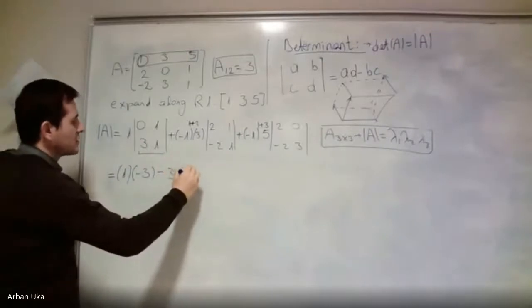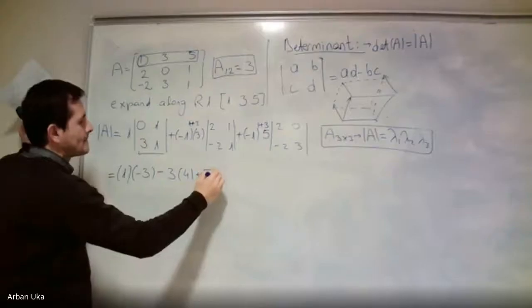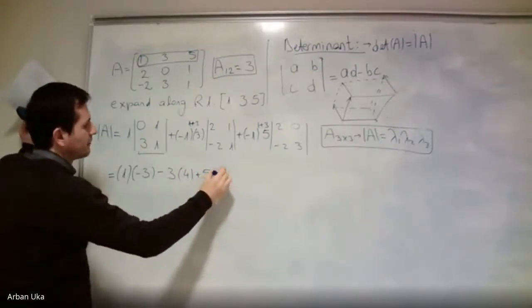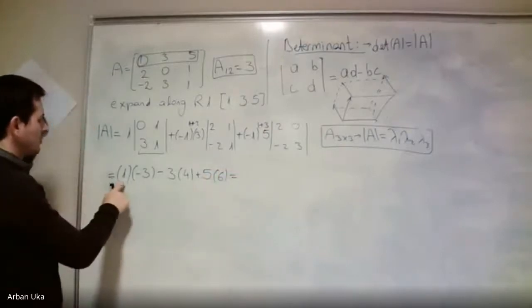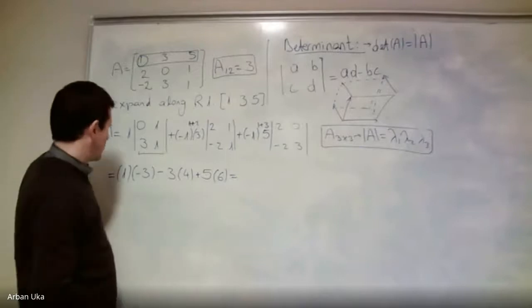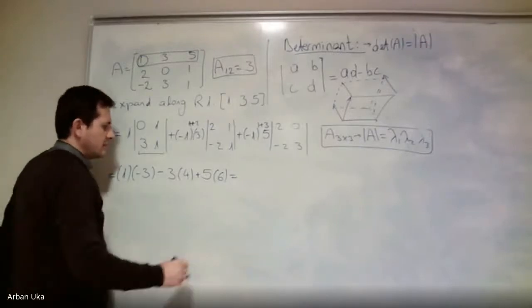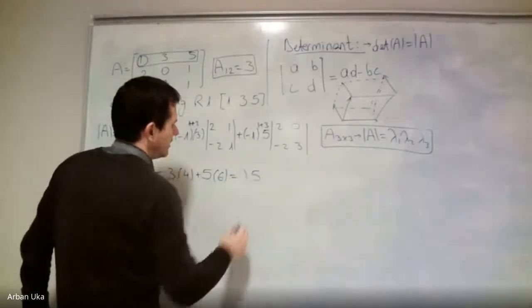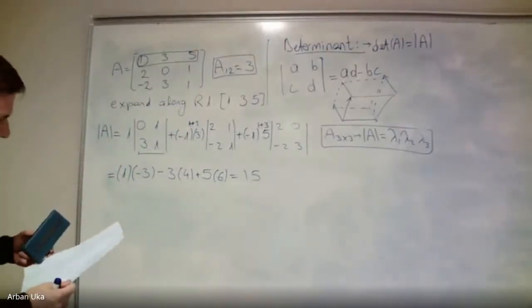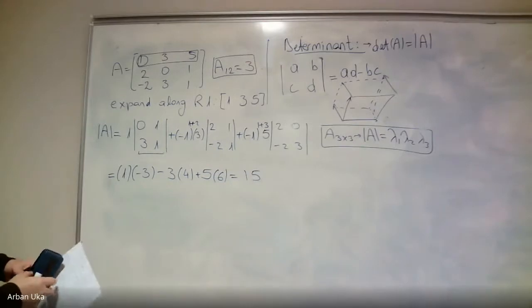Yes, 4 is true. And then plus 5 times 6. Oh, 6, right? Yes. So here we have -3, -12, this is -15 plus this is 15. Okay, so this is the determinant of this 3 by 3 matrix.